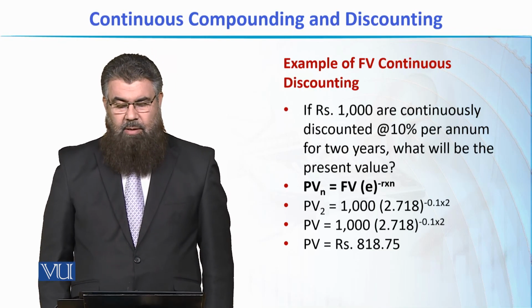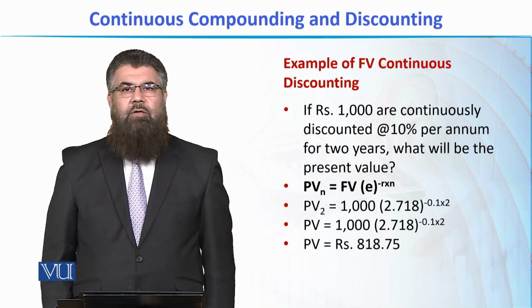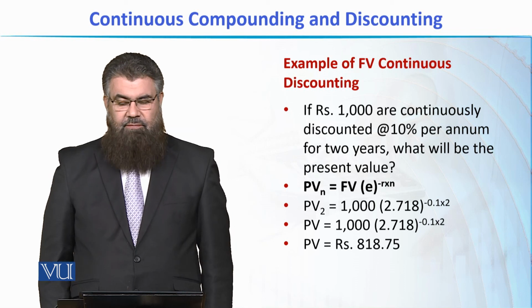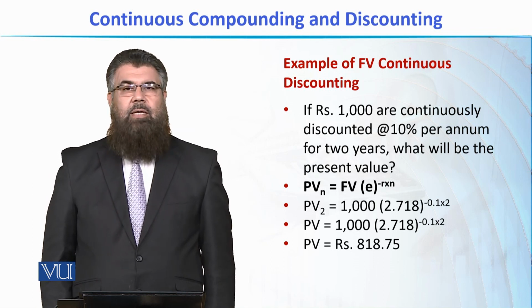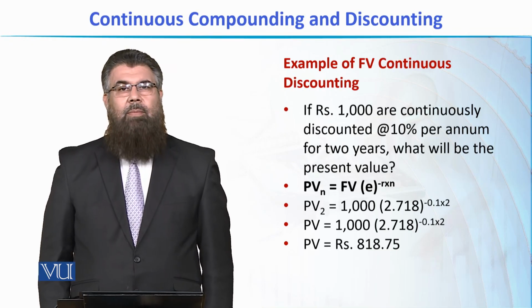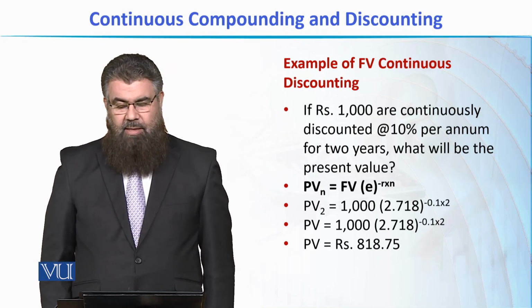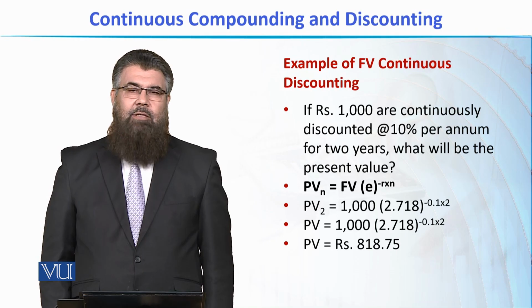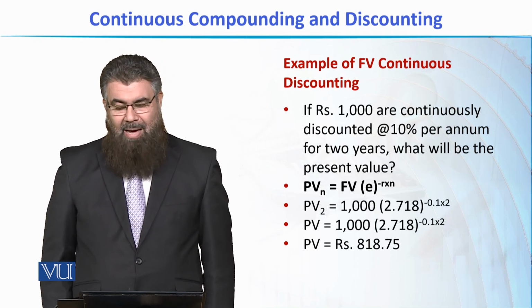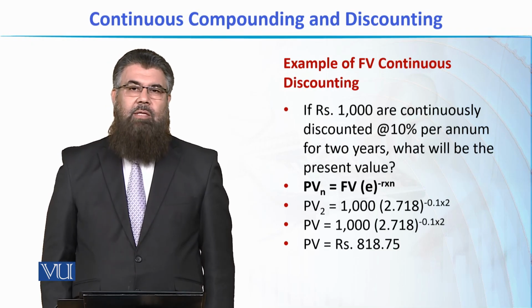We have the number of years equal to 2 and the rate of interest is 10%. So what we'll do is, if this 1000 is now taken as the future value, we'll divide this amount of 1000 by 2.718, which is the value of the constant, raised to the power 0.1 into 2.